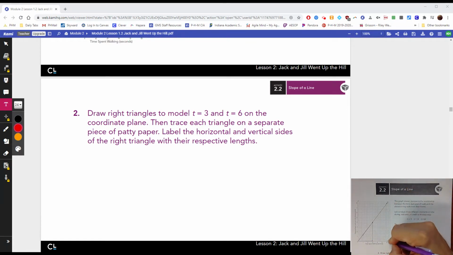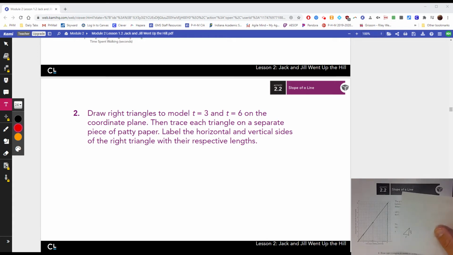So this point. So I'm going to draw a right triangle straight up this vertical line. Down here's the base. And my line is the hypotenuse of it.